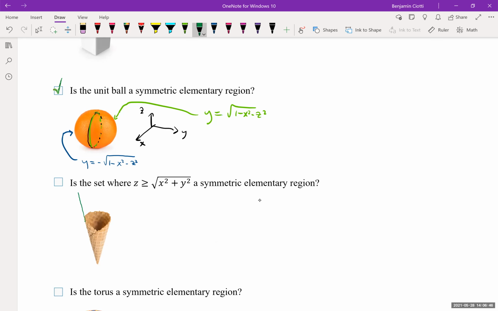So, in fact, let me say this a bit more carefully. Let W be the interior of the octahedron, so that S, the surface of the octahedron, these faces, is the boundary of W.